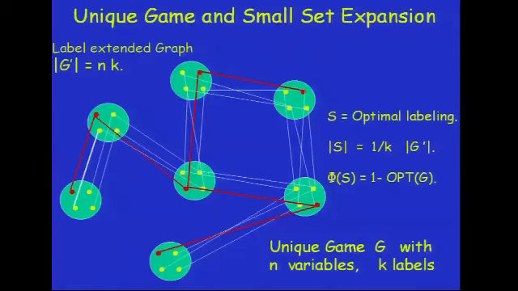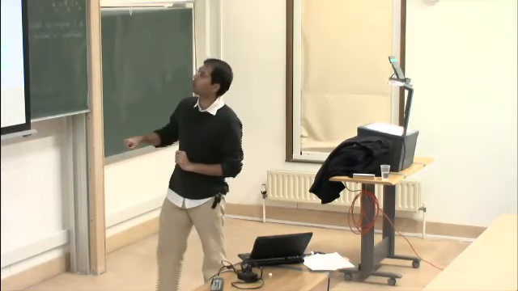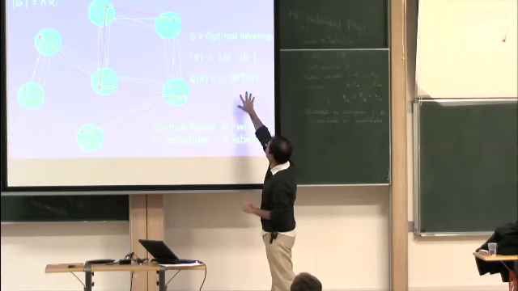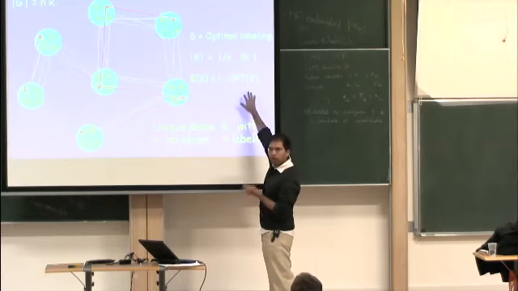So the only edges that leave this set exactly correspond to the constraints which are not satisfied. So the expansion of the set corresponds to the fraction of constraints which failed.